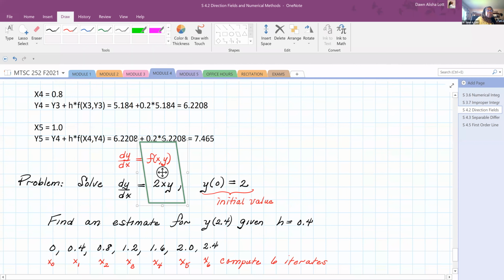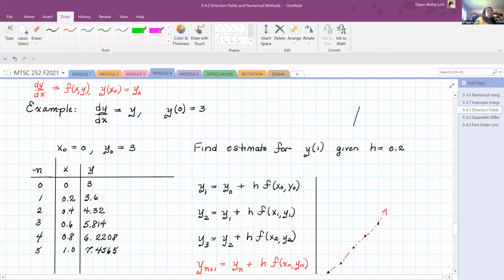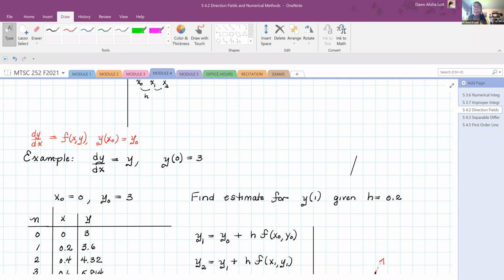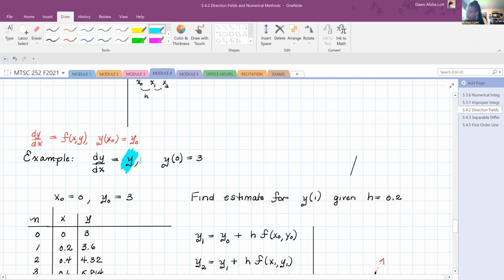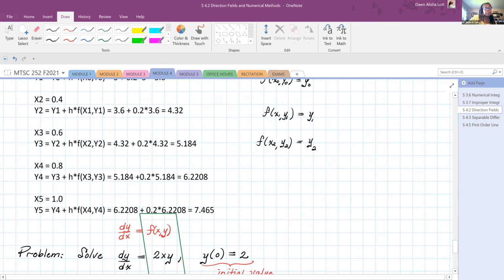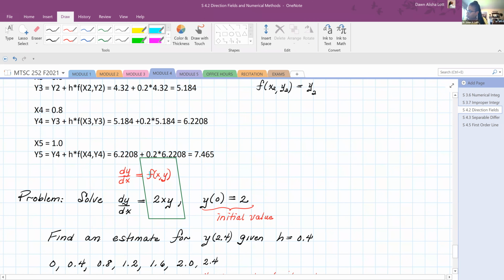In the problem back here, f of x, y was just y. In this problem, f of x, y is 2xy. Every problem you have to identify what f of x, y is, otherwise you can't use the formula.